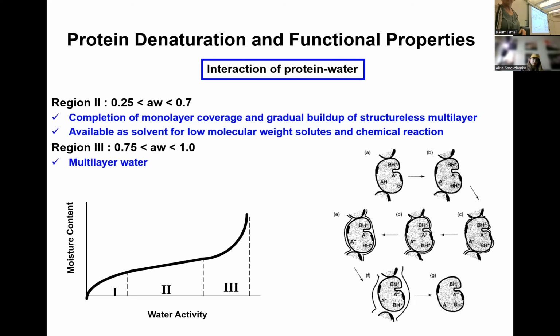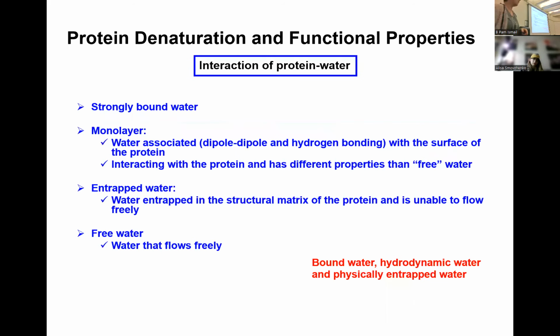So what does that mean in terms of how we identify protein-water interactions? You have the strongly bound water, which is under the monolayer. The water is associated by mostly hydrogen bonding and dipole-dipole interactions. So it has different characteristics than free water.